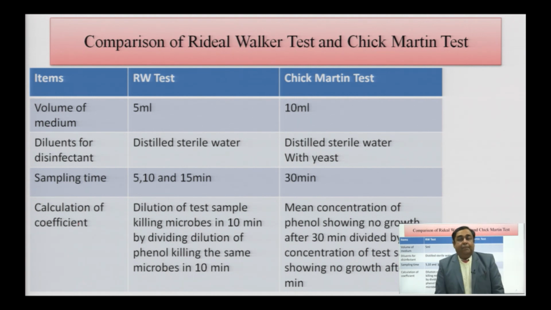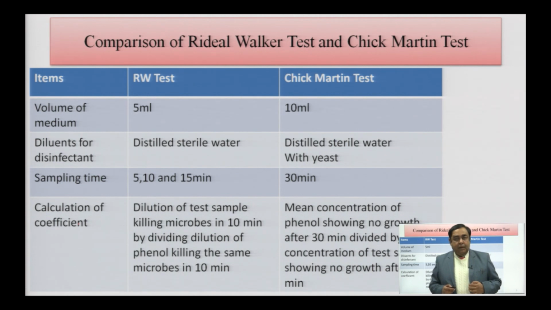That is, the presence of organic matter while evaluating the capacity of the disinfectant has made this Chick-Martin test much more lucrative, much more realistic, much more attractive. Now, in the previous one, in the Riedel-Walker test, we have taken the sample time to be 5, 10 and 15 minutes, both in standard as well as in the sample.